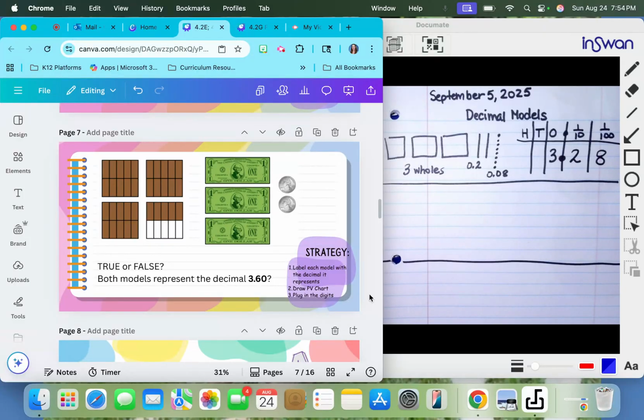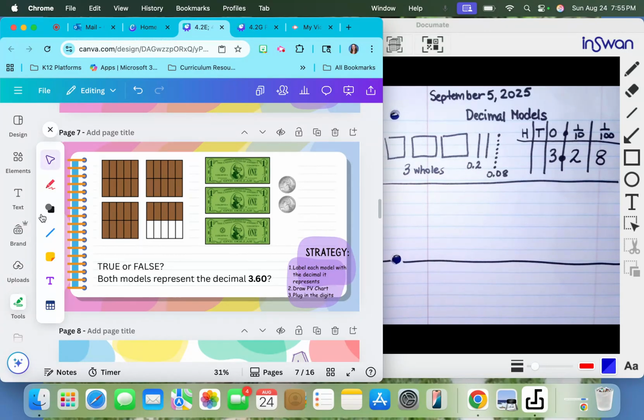Taking a look at this model, I notice that these models are each broken into 10. That would represent tenths for decimals. There's 5 on top and 5 on bottom, so that's 10, so it would be tenths. I notice that 3 are shaded all the way in, so that represents a whole.